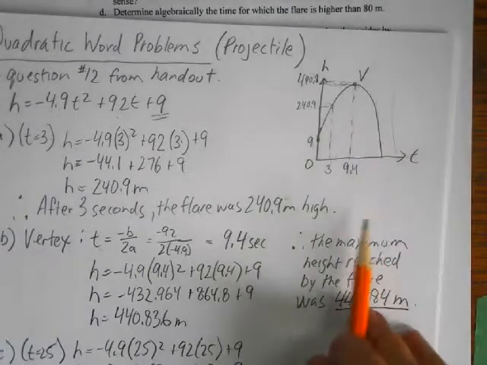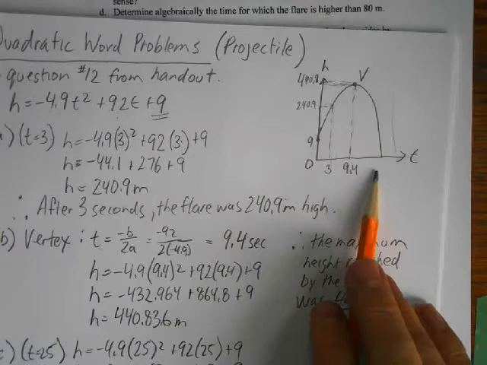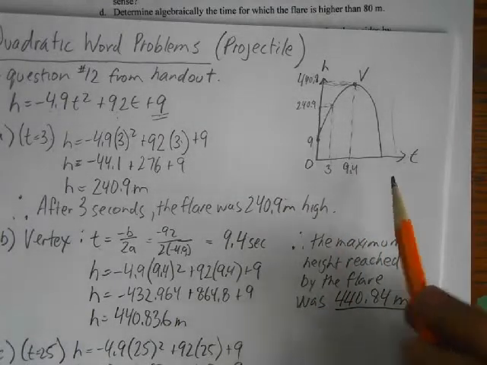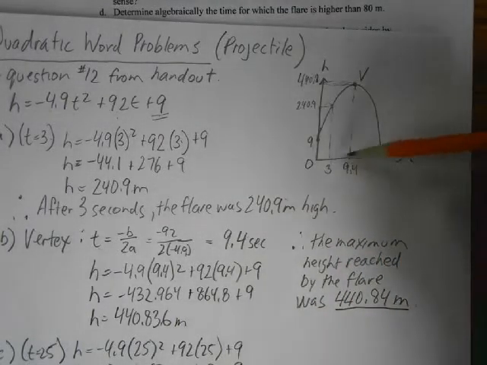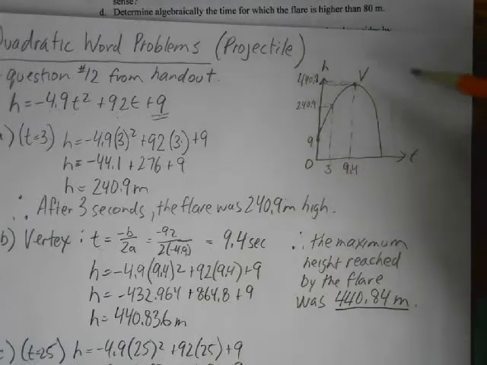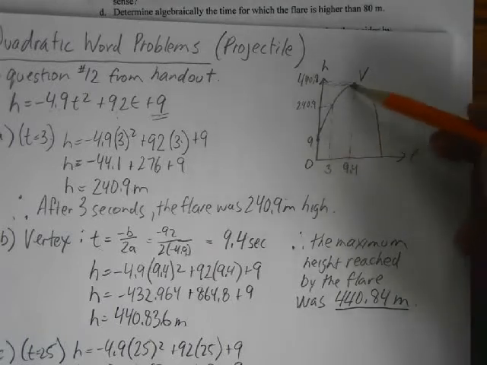Okay, so that sounds a bit weird, especially when we draw this diagram, because we've already said the height has to be greater than or equal to 0, and the time as well. So we don't accept any values down here. So what really happened here? Well, t equals 25 is like way over here probably. And when we plug in that value for the parabola, it doesn't know what application we're using.